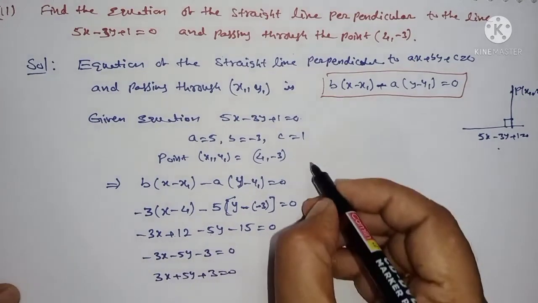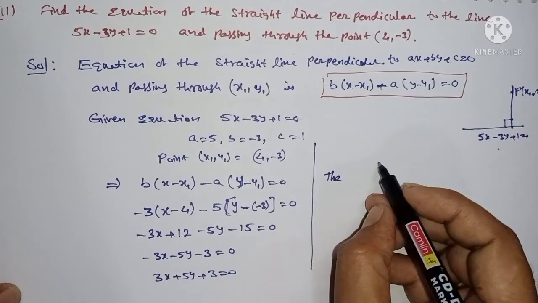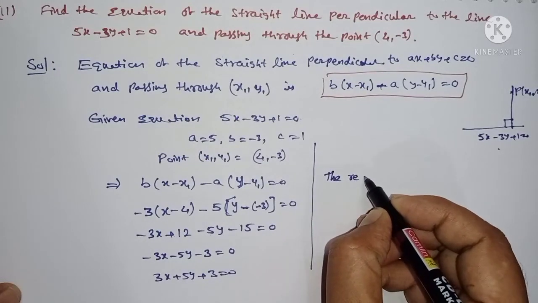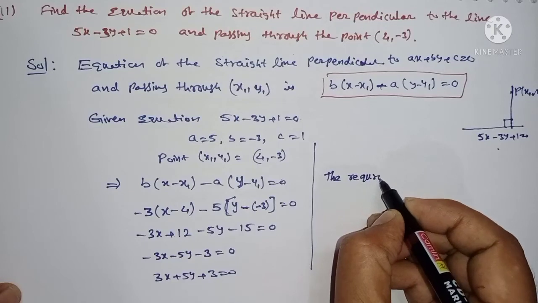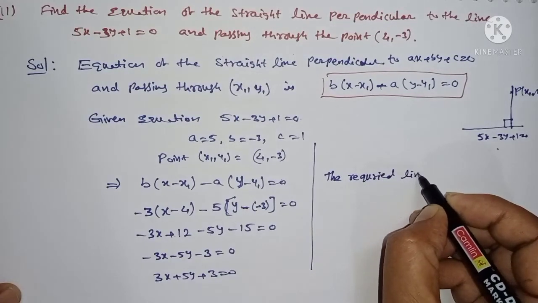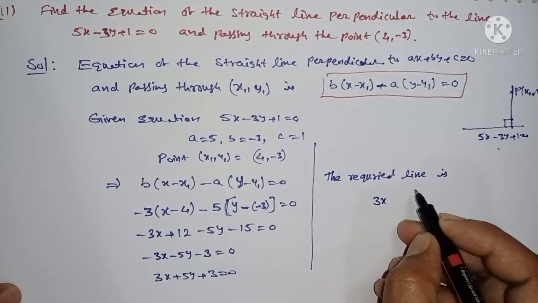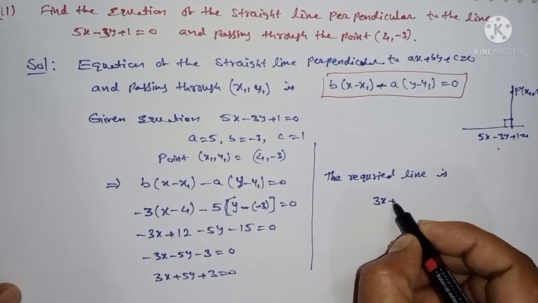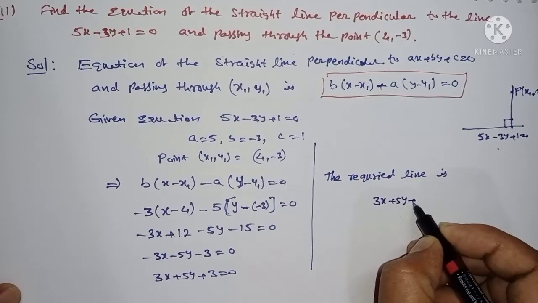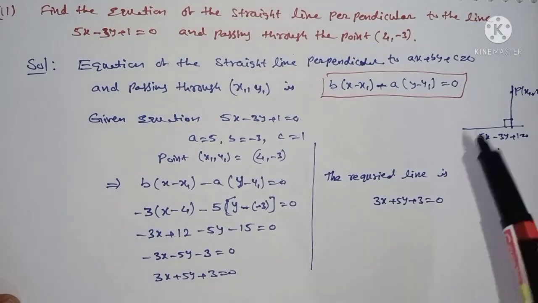You can write here, the required line equation: the line is 3x plus 5y plus 3 is equal to 0.